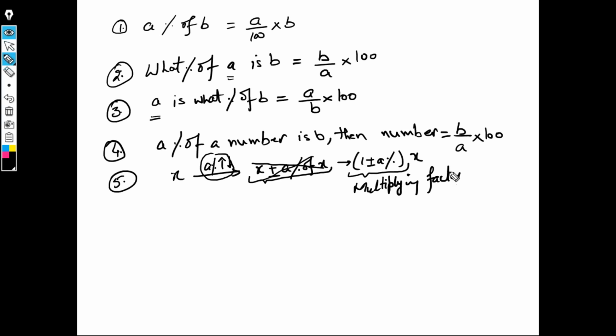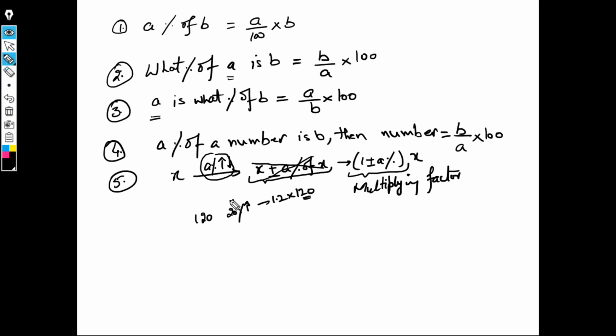So it helps us a lot in calculating values faster. So if I say there is a number 120 which is increased by 20%, straightway I will say that my resulting value is 1.2 times 120, which was my initial value, right?